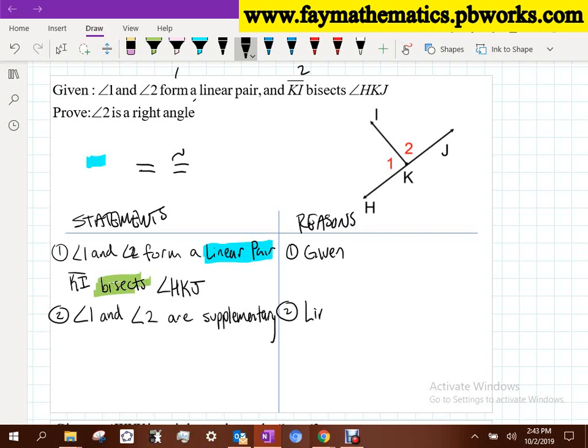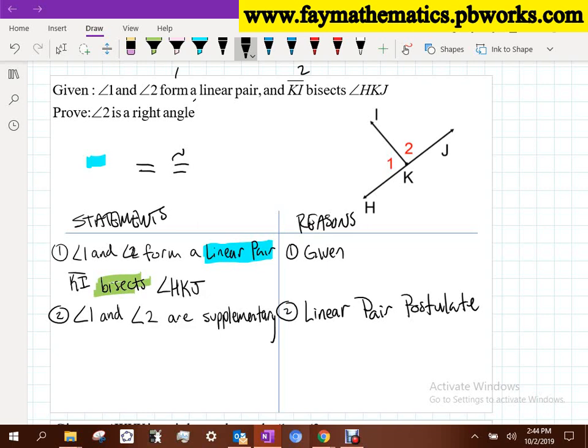And the statement that came out of, back in section, I think it was like 1.4 or 1.5, something like that, when we started talking about angle pairs, is the linear pair postulate. The linear pair postulate, word for word, says if two angles are a linear pair, then they are supplementary. So when we see the word linear pair, we cannot jump to the conclusion that we get the number 180.